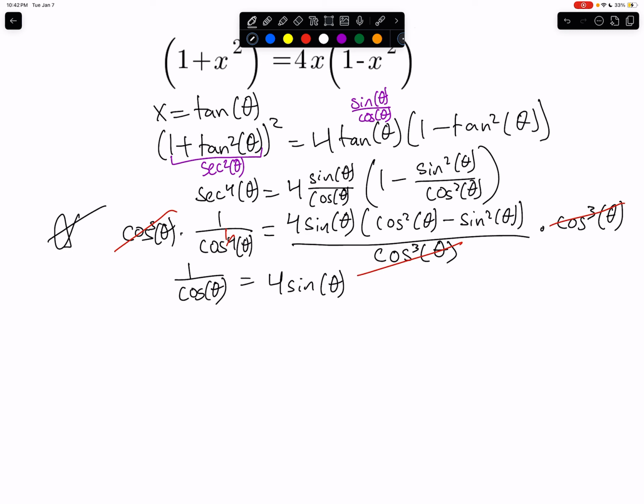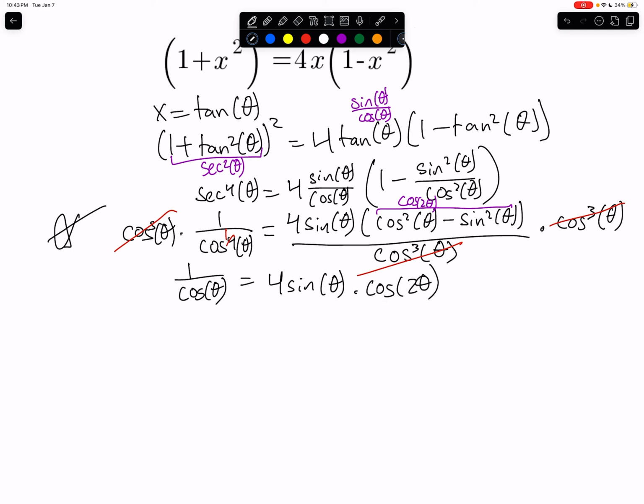And then, hopefully, you should recognize this right here as the double angle formula for cosine. We went over that in one of my understanding, not memorizing videos. This should just be cosine of 2 theta. So 4 sine of theta times cosine of 2 theta.